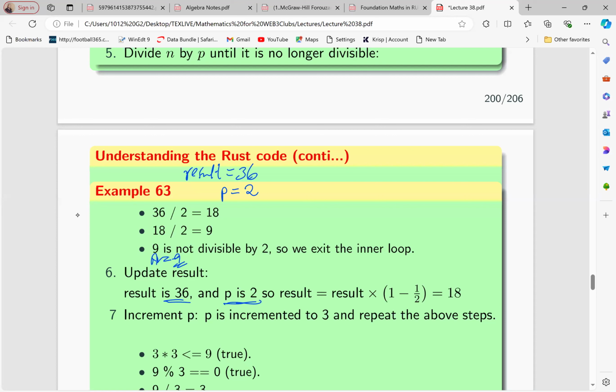The new result, I've used the method that you are familiar with, but now the one that we have in our code is this: result becomes result minus result divided by P. In this case, our P is 2.